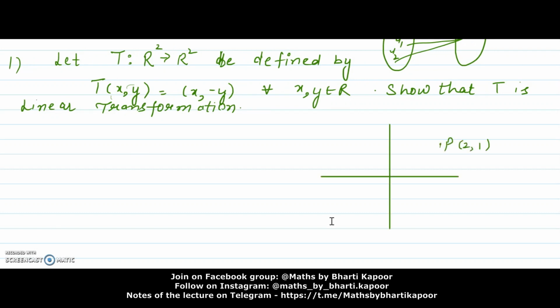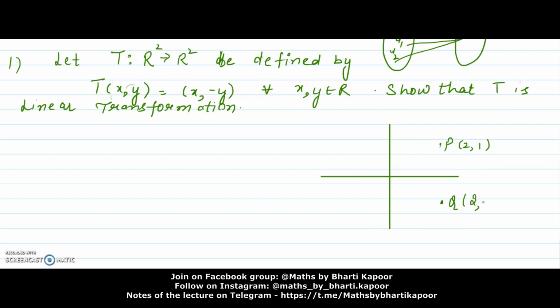If you see carefully, the mapping defined over here is reflection in the x-axis. How? For example, let's take the point (2, 1), which is one element in R square. Then what is its image? It is (2, minus 1). So this will be the image of this element of R square.